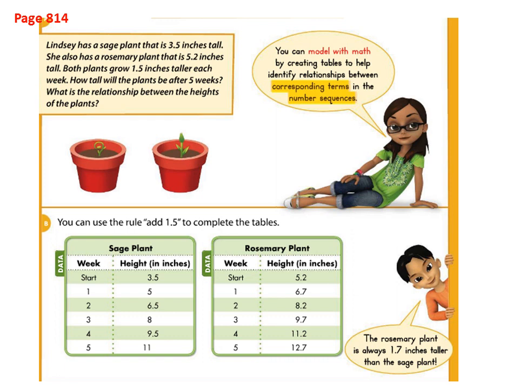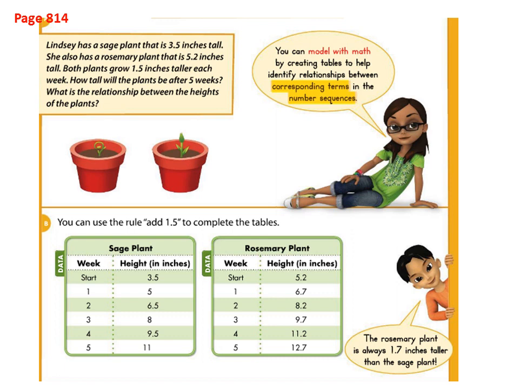We can find out this answer by using the row, the first week, week 1. The height of the sage plant is 5 and the height of the rosemary plant is 6.7. What is the difference between 6.7 and 5? Of course, 6.7 is 1.7 more than 5.